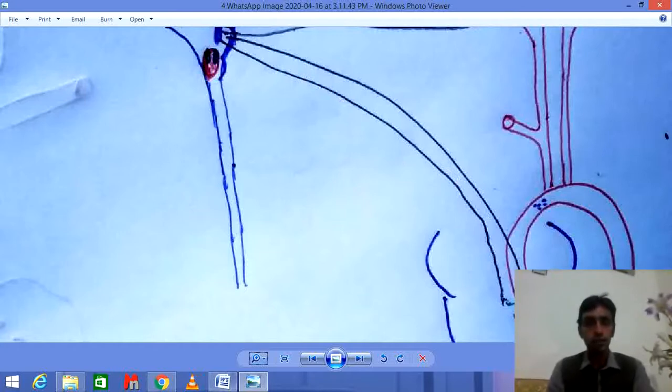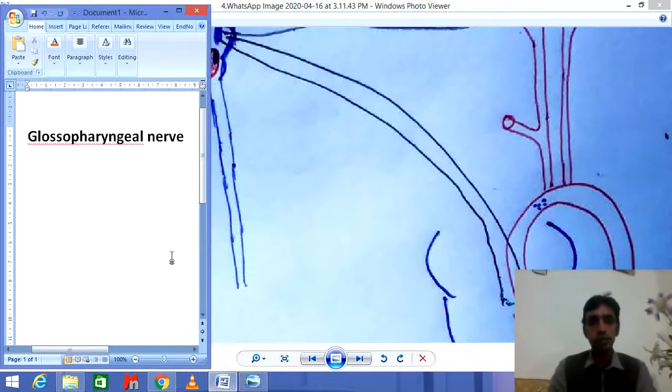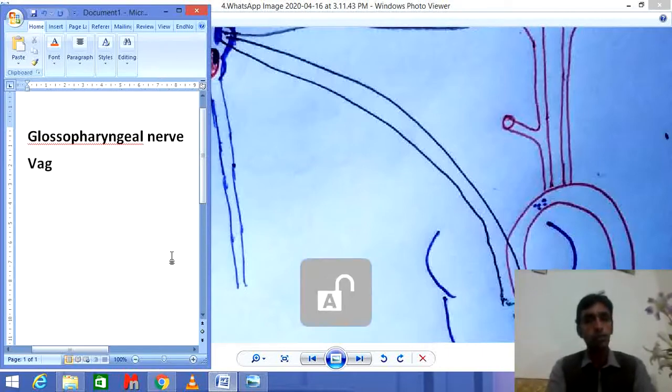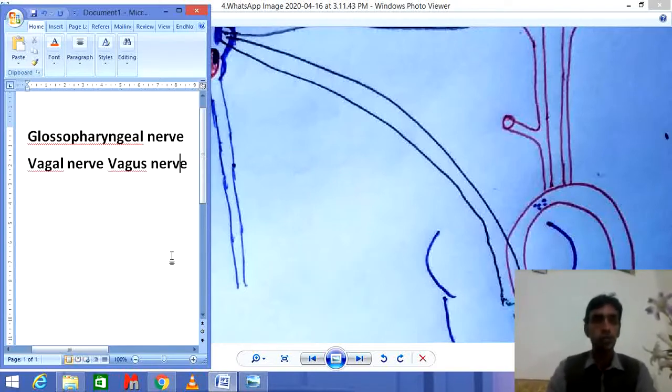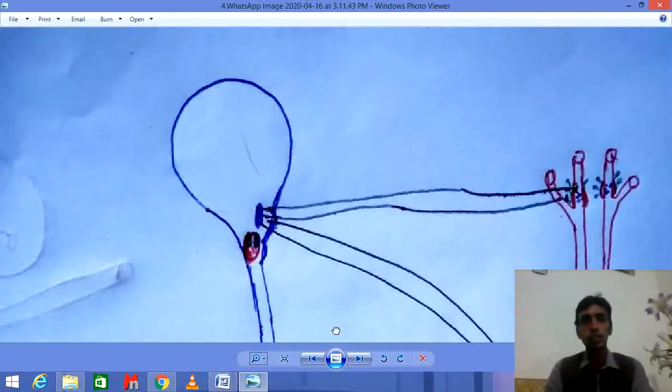These neurons are called which neuron? Vagal nerve. You can also call it vagus nerve. Vagus nerve or vagal nerve, both are the same. So these signals are transmitted from the baroreceptors and chemoreceptors to the Tractus Solitarius.